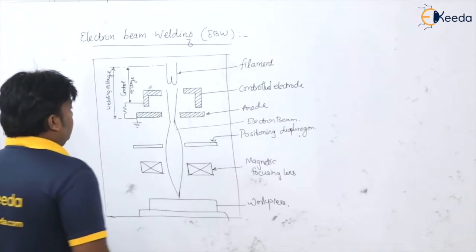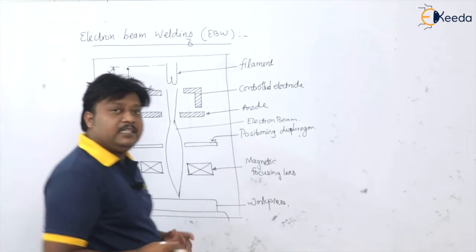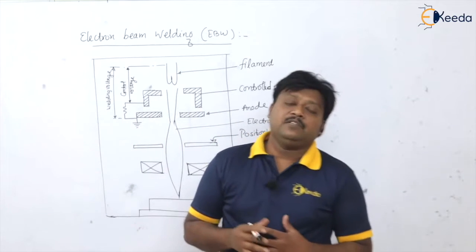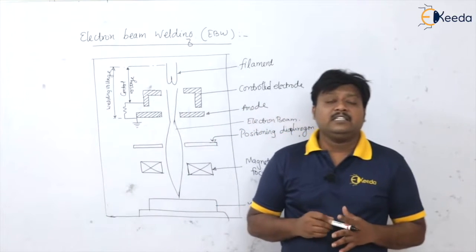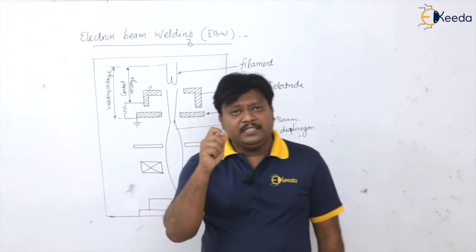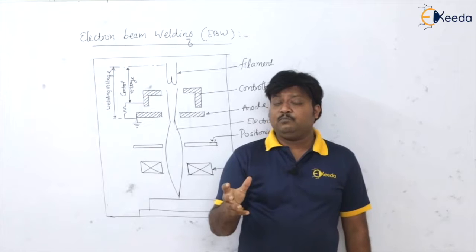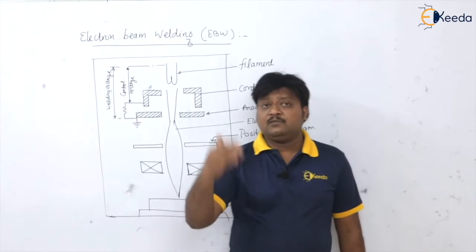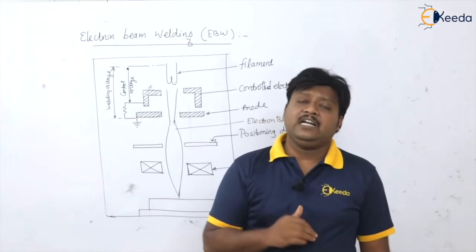As I said, in the electron beam welding process, the heat for the fusion is obtained by the kinetic energy of the dense electron beam, which has electrons traveling with very high velocity.